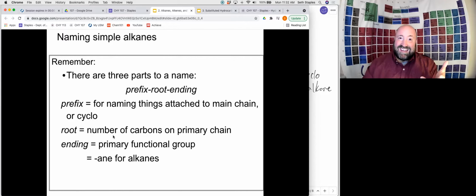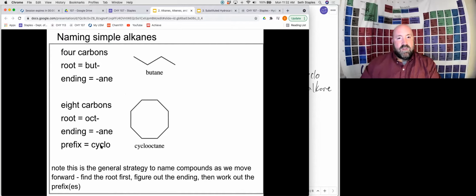And the ending for any compound is determined by what group it is. So the ending for any alkane is simply ane. Let's look at a couple examples. So here we have a compound. We would start by counting the number of carbons. We're going to count up and say 1, 2, 3, 4 carbons in this chain.